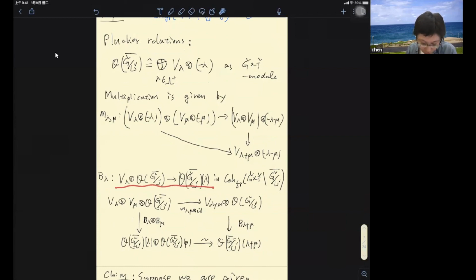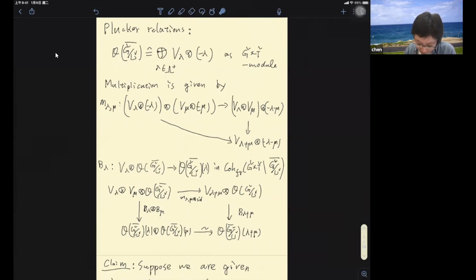So this is induced by the multiplication map, where we think of V lambda as an element in the ring of functions. So this is a map in this category, and by construction it satisfies this commutative diagram, usually called the Plücker relations.